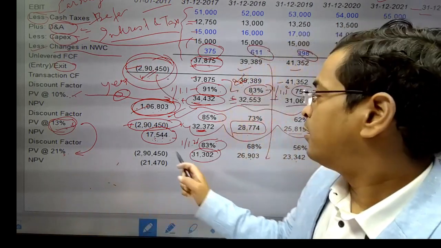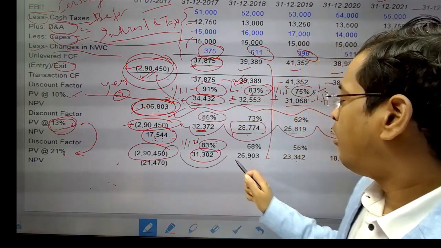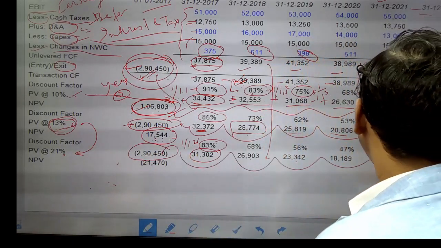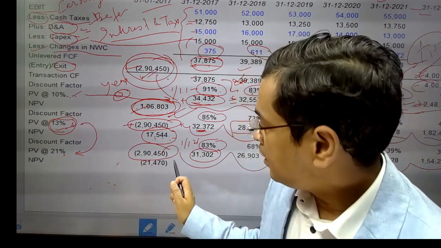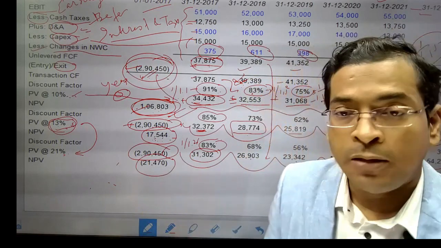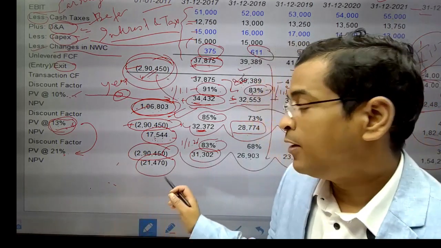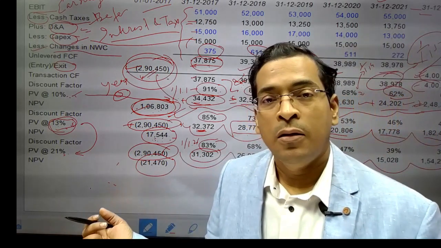Now, this is the entry value, and if we add all the present value of the future cash flow, we finally see that the value is negative. It is 21,470. Now we arrive at a negative cash flow. Negative net present value means the project is making a loss.